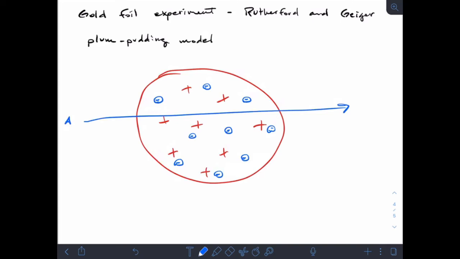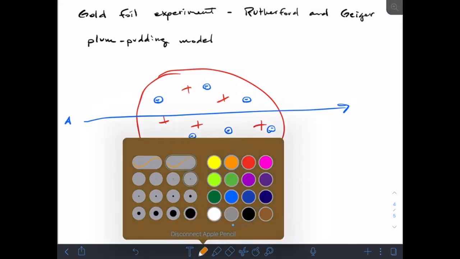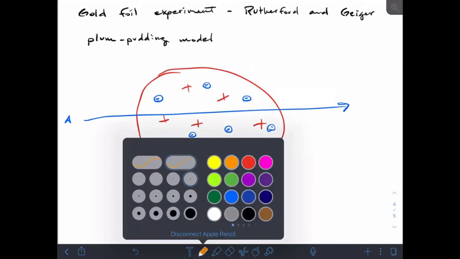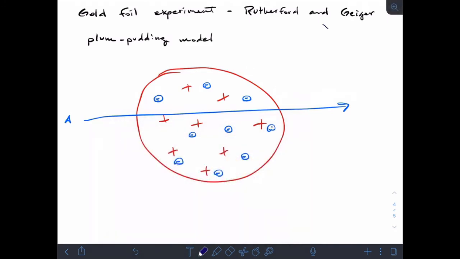And then on the other side of their sample, they have a photosensitive material, sort of like what you'd find in a cathode ray tube. So you would be able to see where the alpha particle hit on the other side.